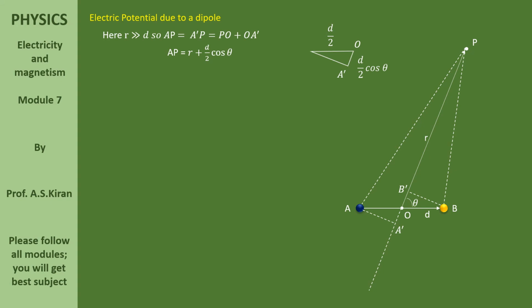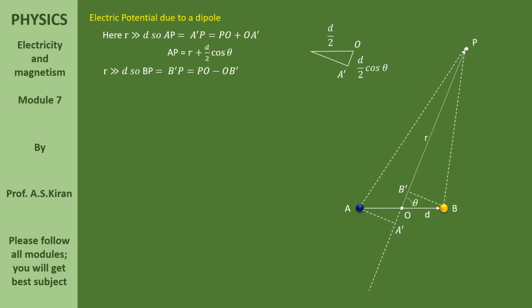With all these calculations and geometrical construction, we found the value of AP, the distance between the charge and the required point. AP is equal to r plus d by 2 cos theta. Similarly, here also r is very much larger than d, the same logic.